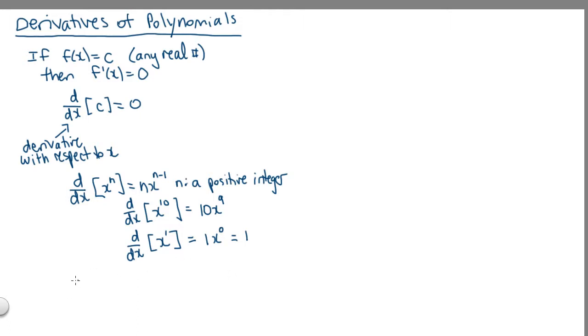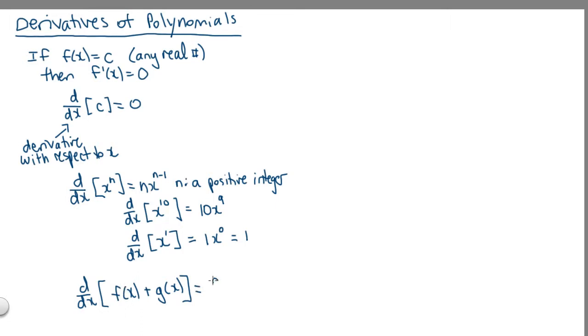Third rule, that will be pretty important for us. If we want to take the derivative of a couple of different functions, then this rule tells us that to take the derivative, all we need to do is just take the derivative of one function at a time.